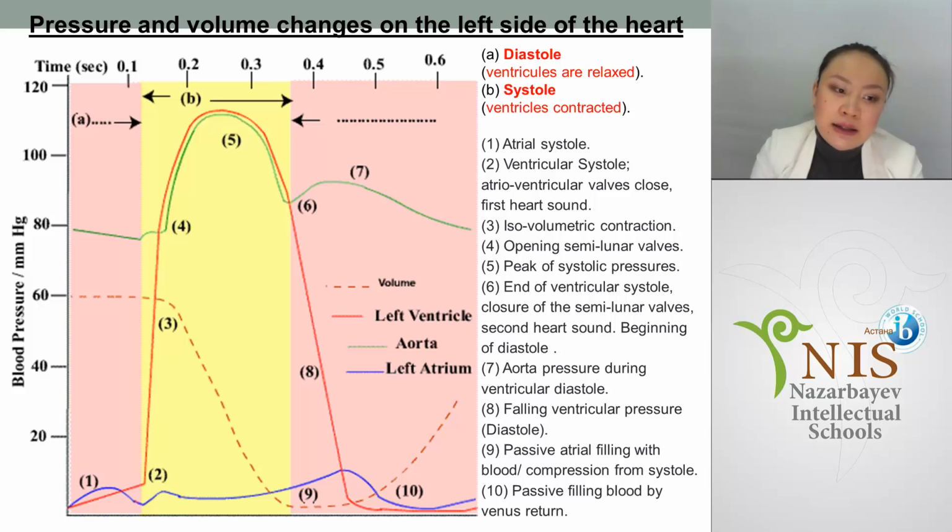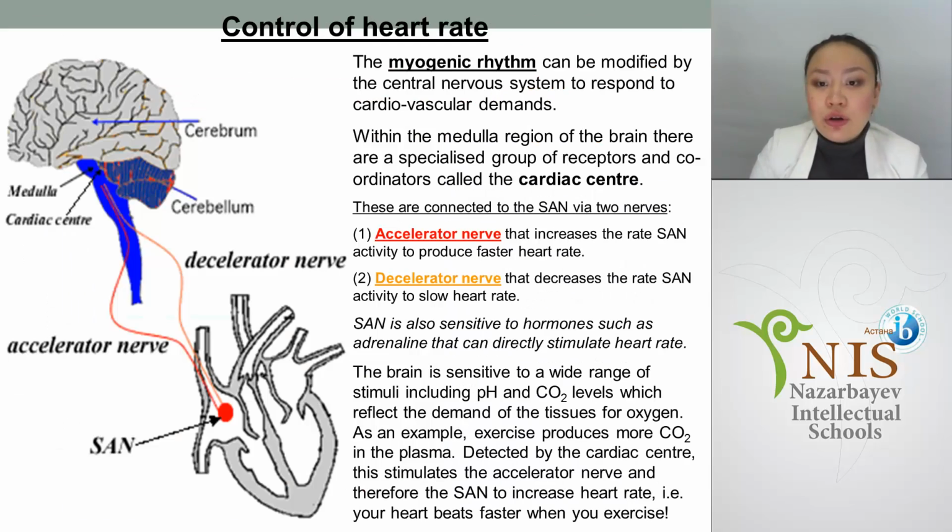Just look at the axis. Here we have on the axes time in seconds and blood pressure, and here you see volume: left ventricle in the red line, aorta in the green line, and left atrium in the blue line. In your free time, you could look at this.